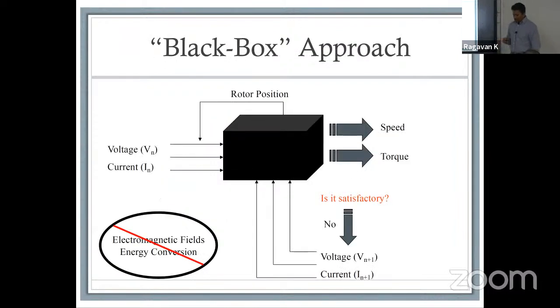Okay, so let's start with this. Why are we talking about this idea at all? Well, the first thing is that whenever we have done electromagnetics, the nature of electric machines and drives is that it's not a one-dimensional problem. You're always dealing with electromagnetic design, followed by magnetics, and then you take it further to the mechanical structure, which means you cannot use a black box approach in which you apply voltage and current, get feedback just with the position, calculate speed and torque, decide whether or not it's good, and then close the loop.